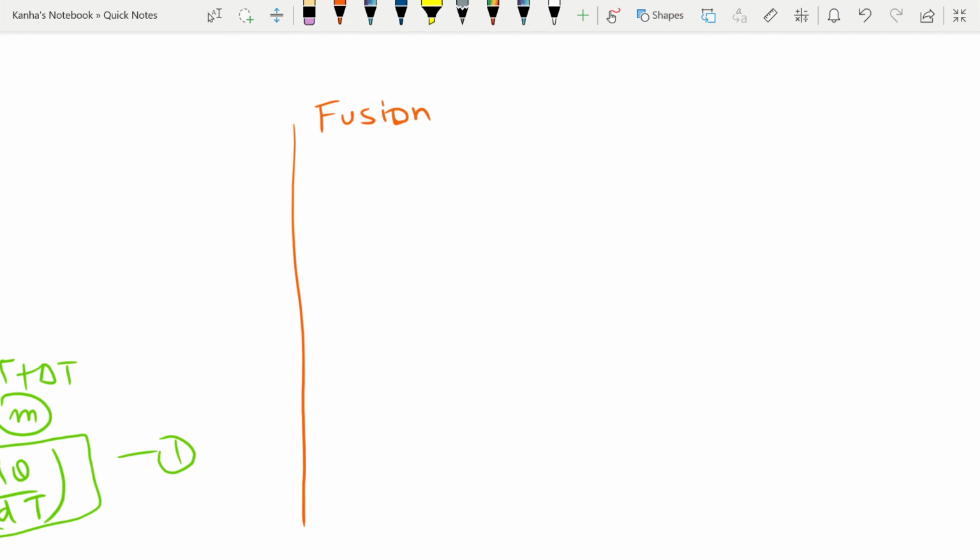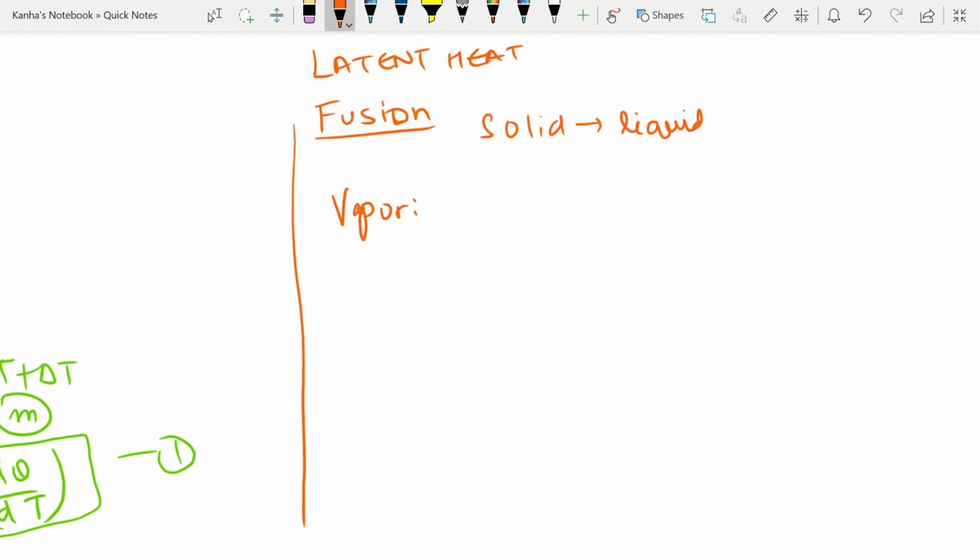It is the quantity of heat required to change 1 kg mass from solid to liquid, so it is for the solid to liquid transition. Similarly, you have latent heat of vaporization. It is the quantity of heat required to change 1 kg mass from liquid to vapor.